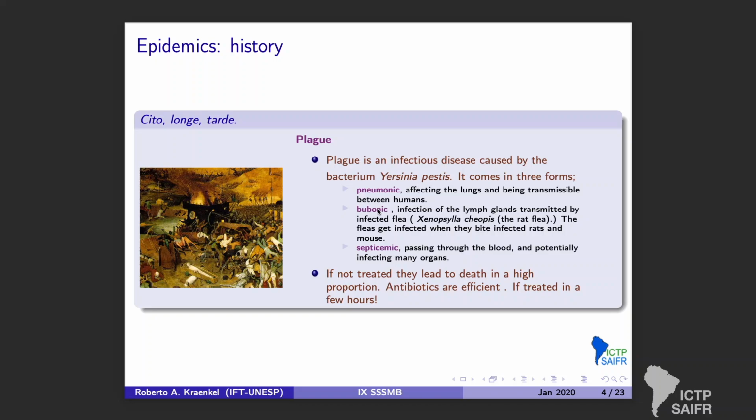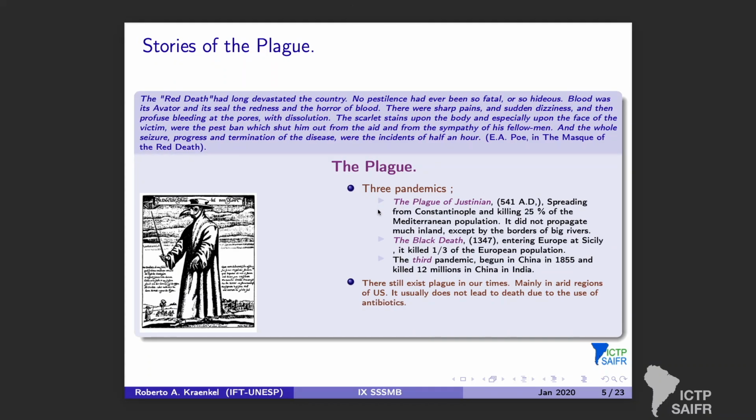Obviously, when plague first appeared, at least in history, there were three big pandemics.